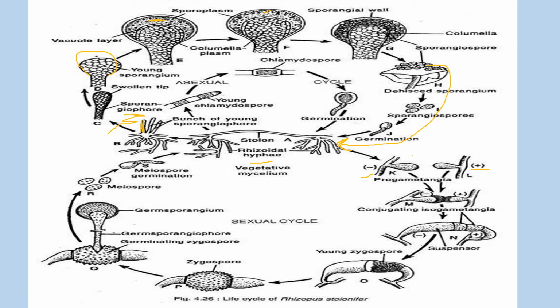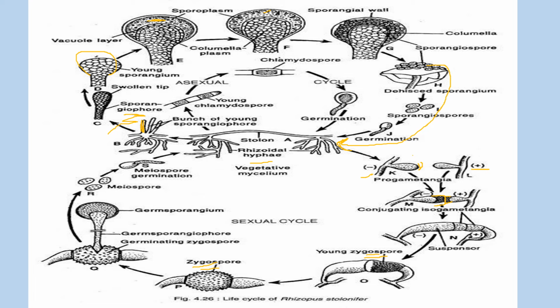They develop progametangia, and the tip of these progametangia undergoes swelling. The tip region, which is called the gametangia, undergoes fusion, and as a result of this fusion, the pre-zygospore is produced, which on formation of a thick cell wall is converted to zygospore, which undergoes a period of resting.